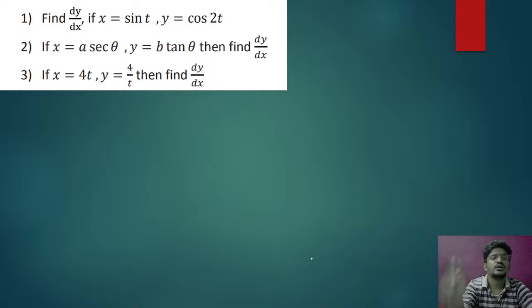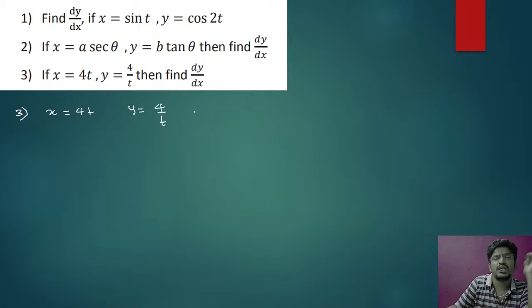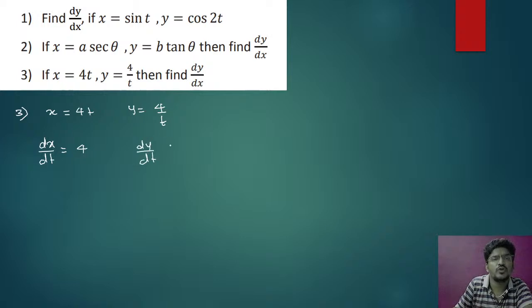Okay. Now let us see the third problem. That is, if x equal to 4t, y equal to 4 by t, what is dy by dx? So here dx by dt is 4 and dy by dt, see 4 is constant, write as it is.